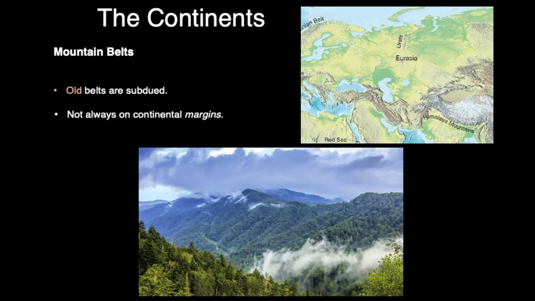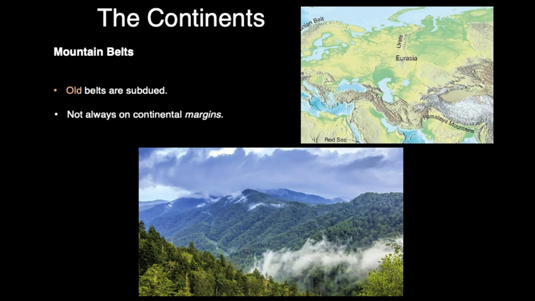The older mountain belts tend to be lower in elevation than the younger ones. So again, by old, I mean greater than 100 million years old, okay? So they tend to be lower elevations, they tend to be more subdued, if you would, with less jagged peaks, so a little bit more softer topography.